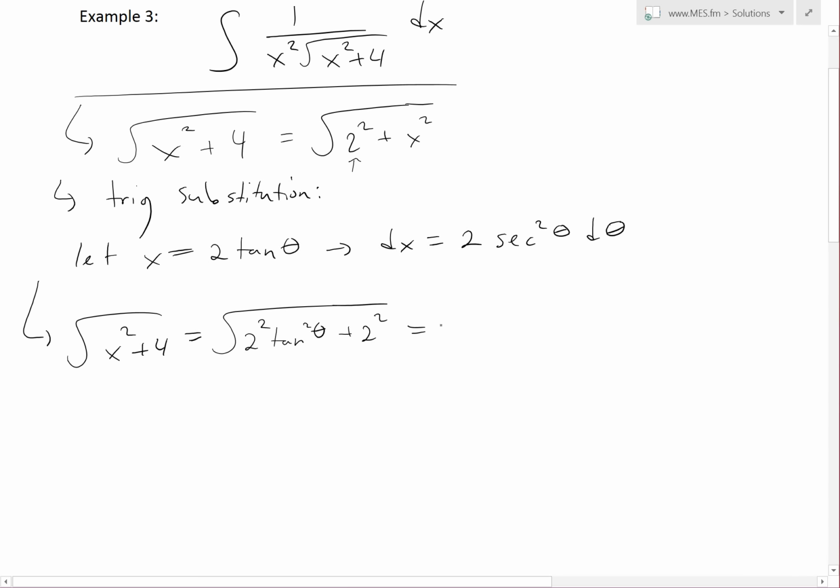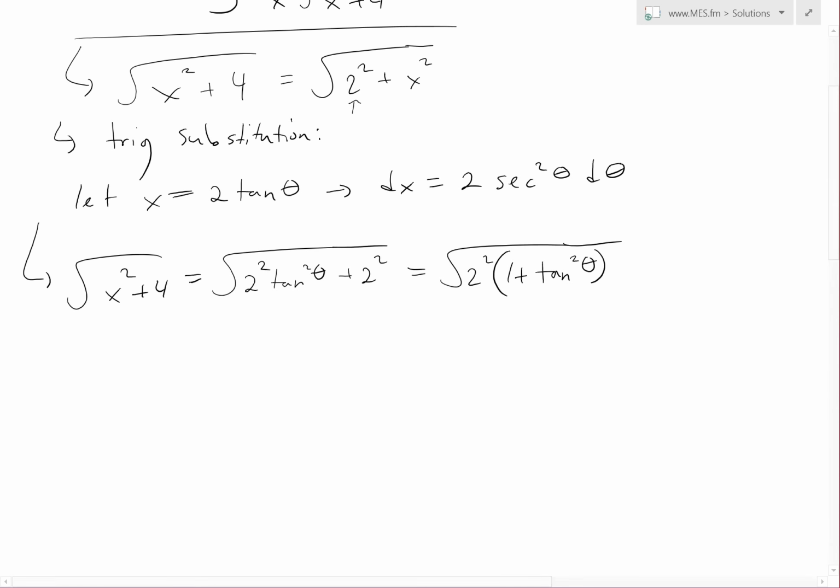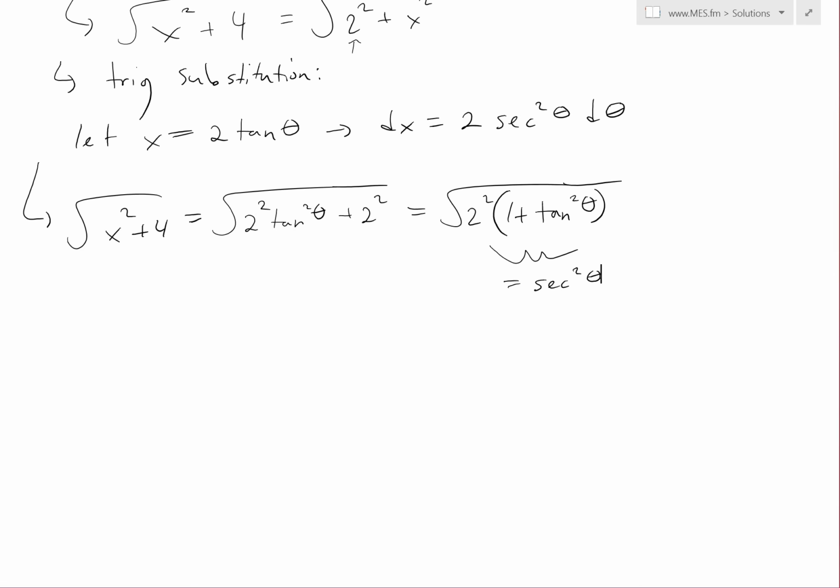Then we take the 2 squared out, so we get 2 squared times 1 plus tan squared theta. And like I showed in my earlier video on trig identities, this is equal to secant squared theta, and you can see the proof for this in the video links below.